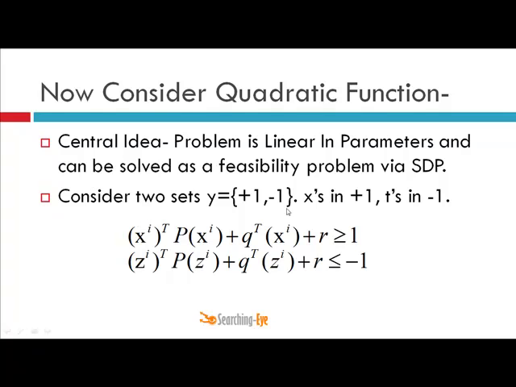For each of your training instances, this equation must be satisfied, for class A, the positive class. And likewise for the negative class, Zi transpose times P times Zi plus Q transpose Zi plus R is less than or equal to -1.